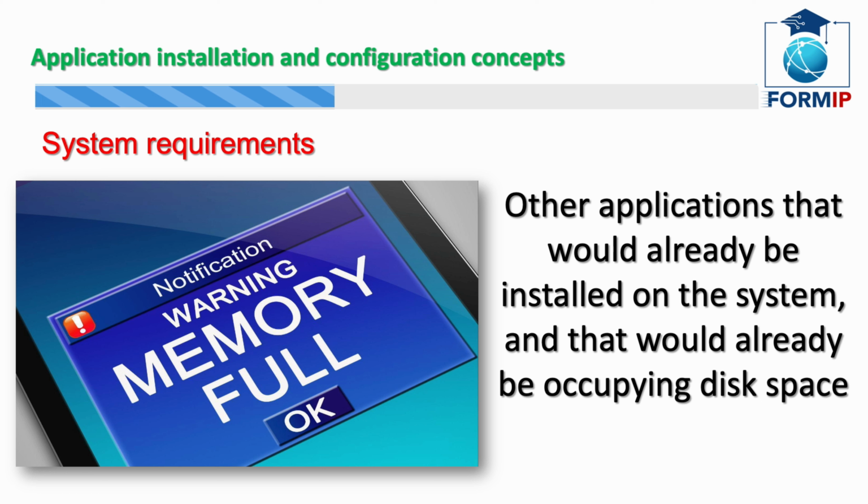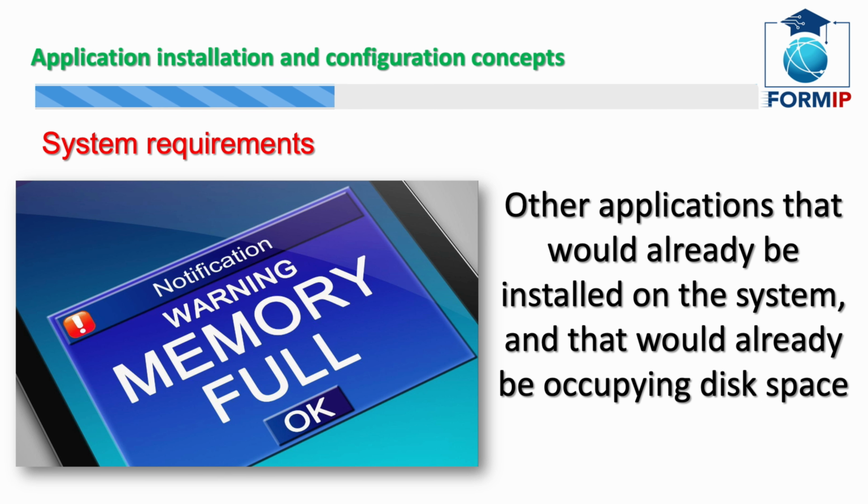Some applications, such as web browsers, can be very memory hungry, or certain applications, such as those linked to the cloud, can take up a lot of disk space. This means that a system can have all the prerequisites required without being able to run the application because there would already be other applications using these resources.